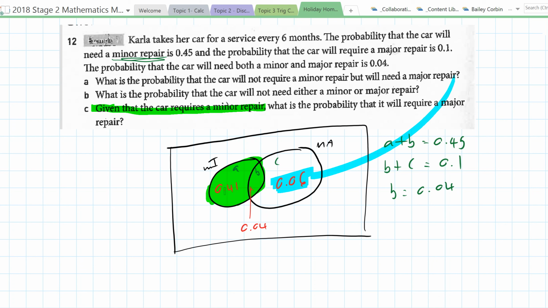What is the probability that it will require a major repair given that we're in there? What's the probability of this out of the total? The probability it will require a major repair is 0.04 out of the total in that area, which is 0.45. And if you put that into your calculator, it should give you the answer in terms of probability.